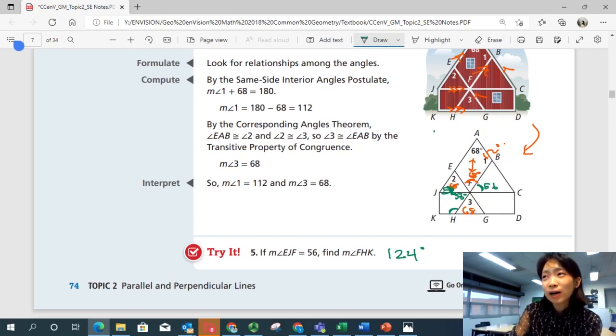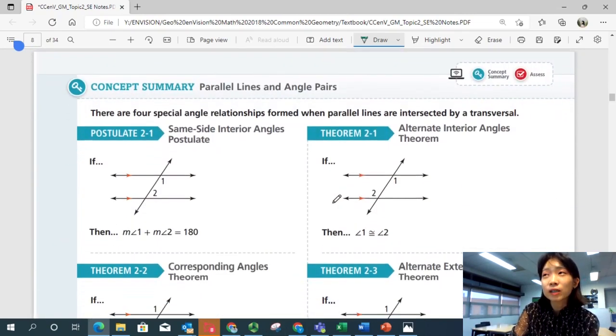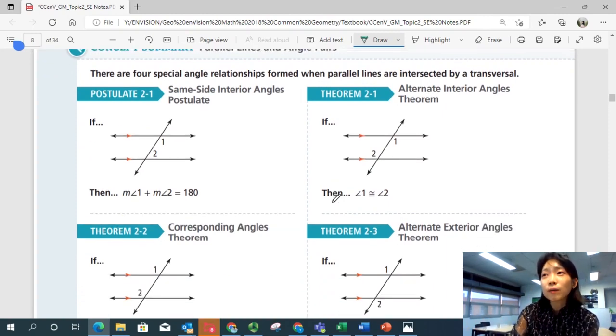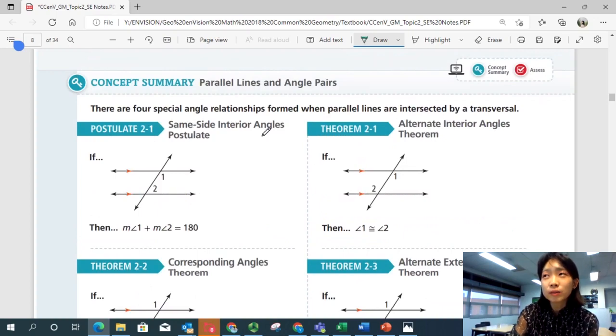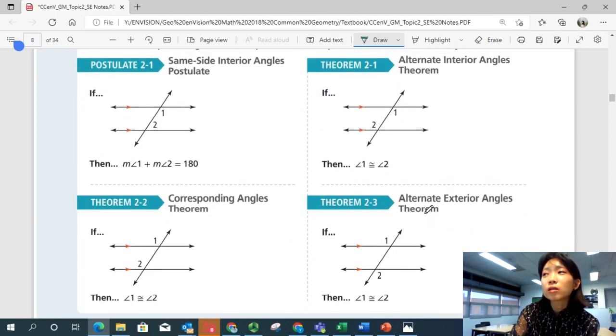All right, let's summarize our lesson. What did we learn in this lesson? We learned a lot of postulates about parallel lines and angle pairs. So remember that we have a postulate, the same side interior angles postulate, that says same side interior angles are supplementary. Other than that, all these theorems say that these angles are congruent.